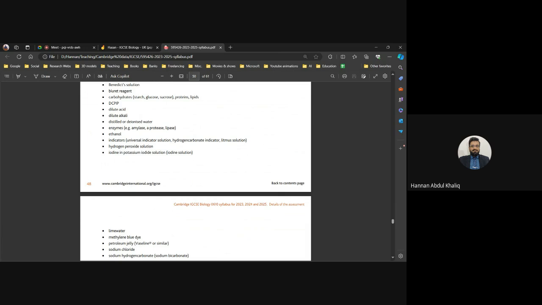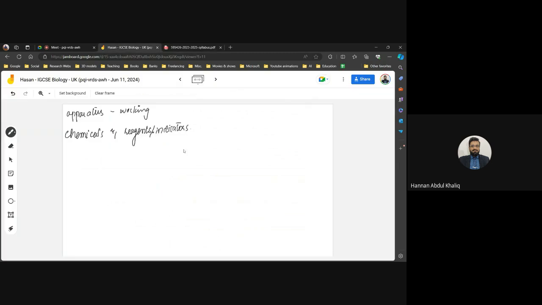Now, you may have read some of the reagents, and also some other chemicals like ethanol. You may have read the water. You may have read DCPIP over here. So all these basically are there to let you know what chemicals you'll be using in these experiments.